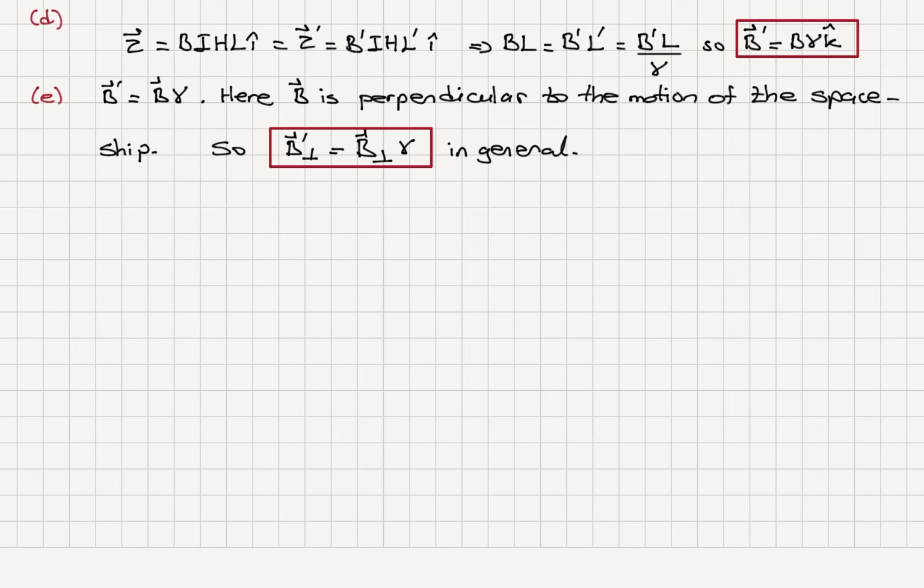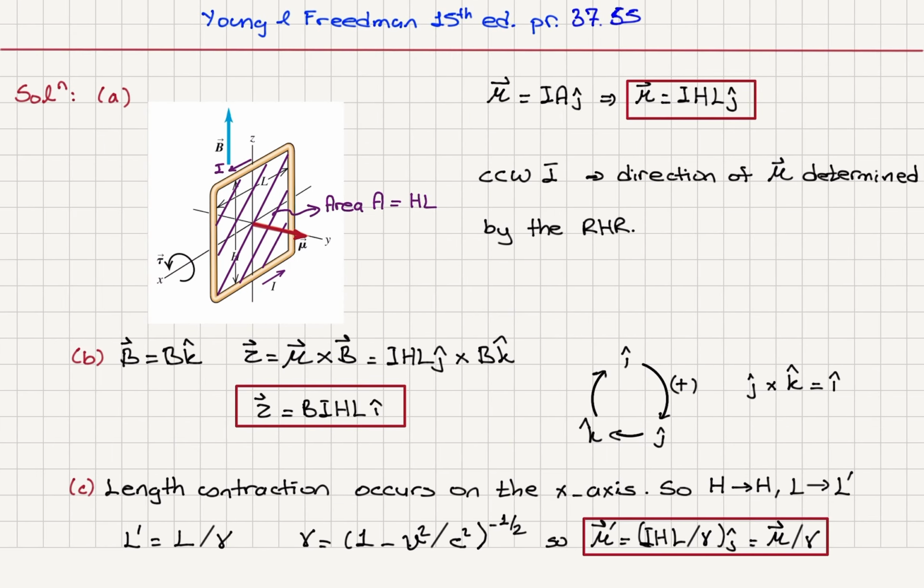Okay, so let's summarize what we did here. First, we calculated the magnetic dipole moment for a current carrying loop with area HL. It's the current it carries multiplied by the area and the direction determined by the right-hand rule to be plus j hat.